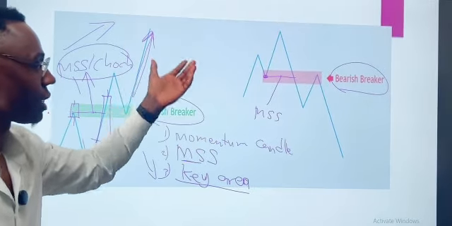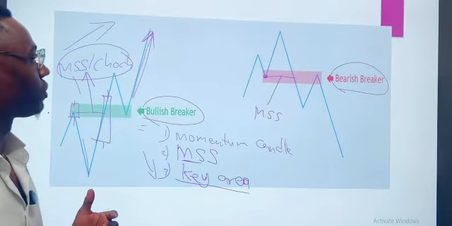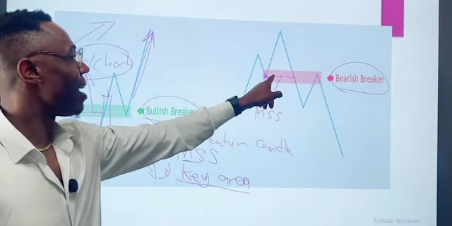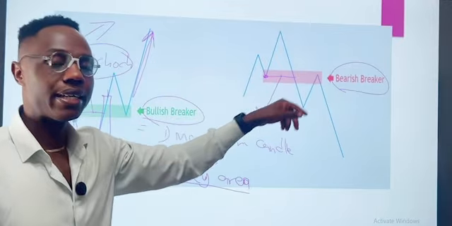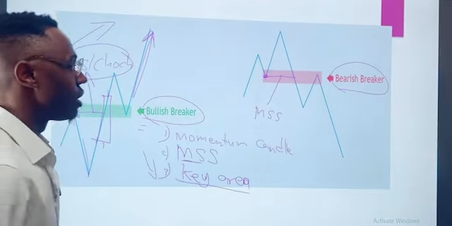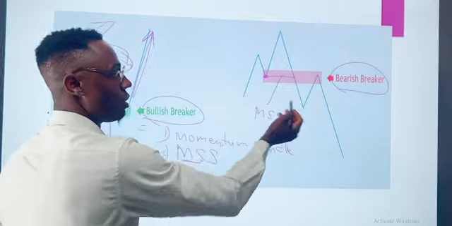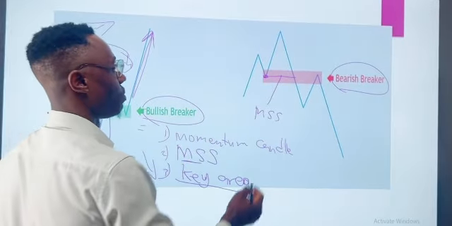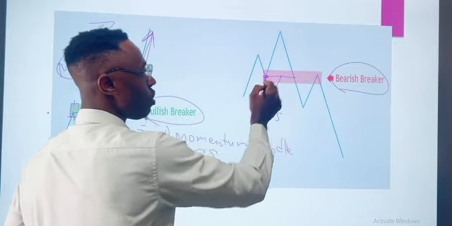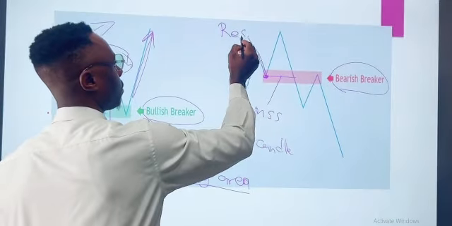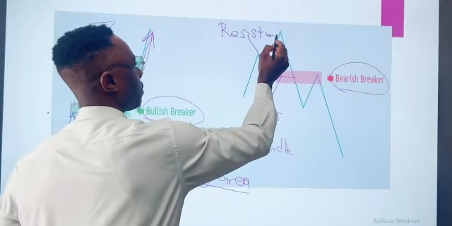From the training we have done before, our lessons, I told you whenever a support is broken, it turns into a resistance. So this support right here has been broken by this zone, and it has turned into a resistance. This zone now is no longer a support, but a resistance.